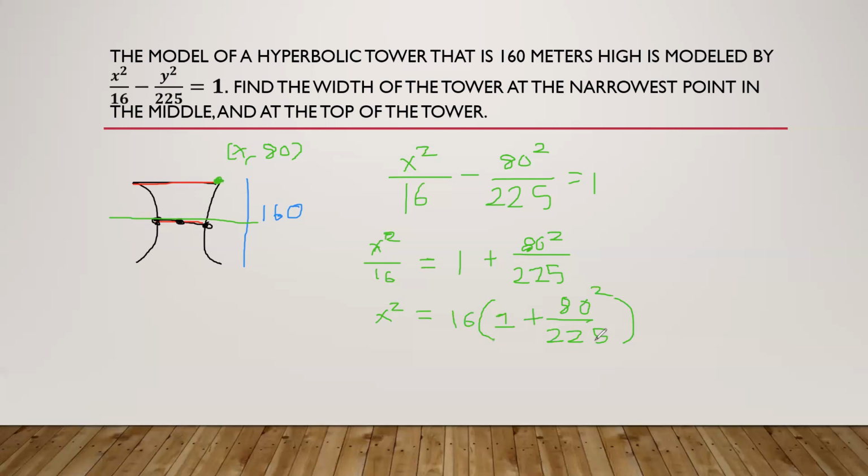If we calculate that, 16 times the quantity 1 plus 80 squared over 225 is 471 and 1/9.